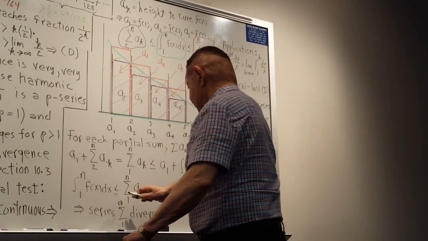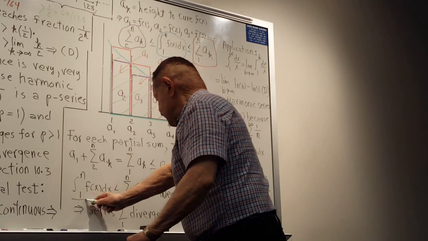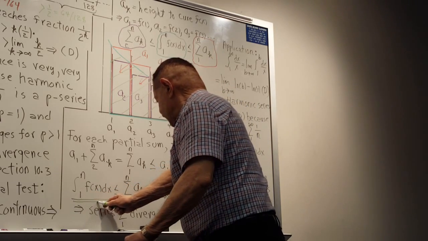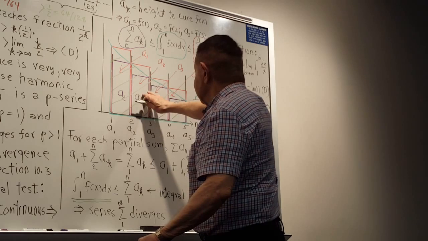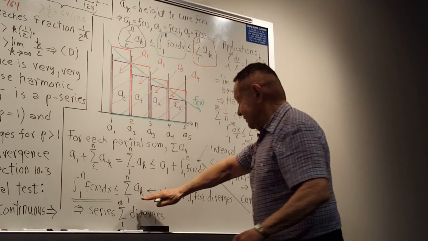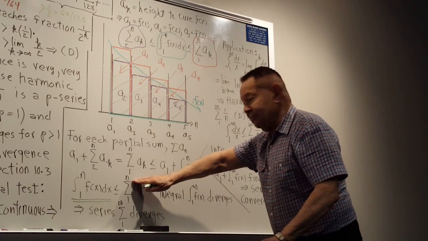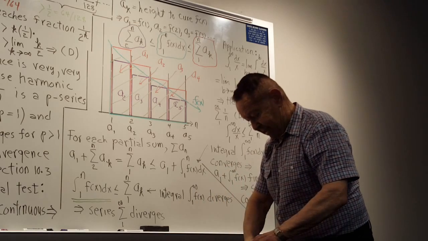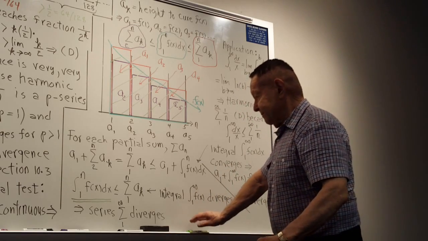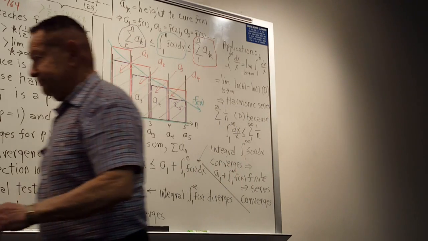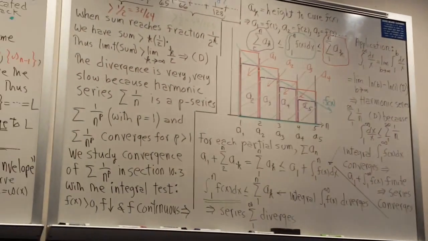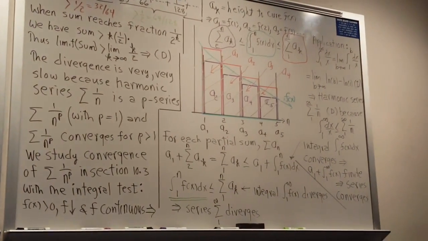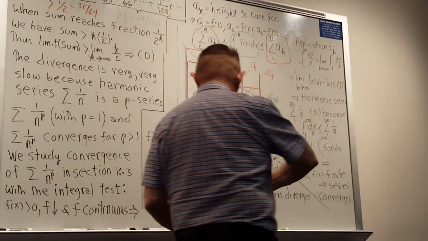So this here in green, which is the area of your integral, is less than or equal to the sum A_k of the red rectangles.